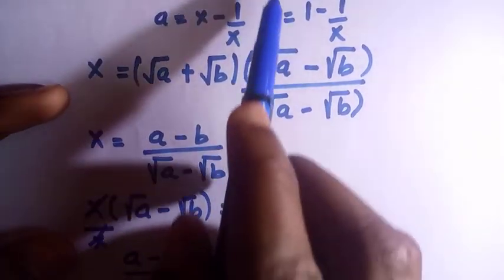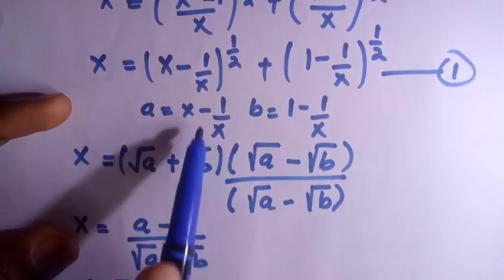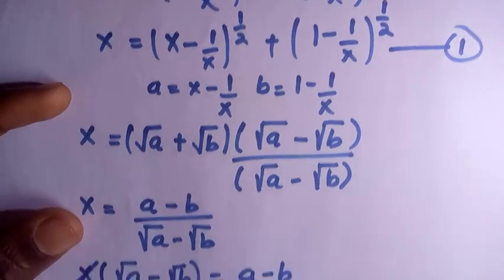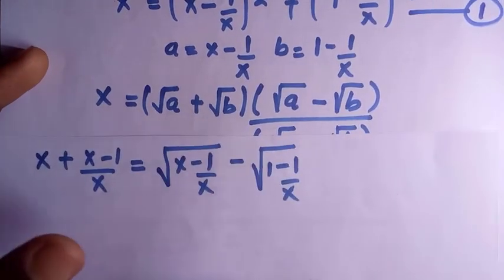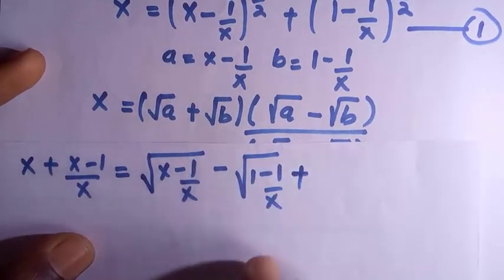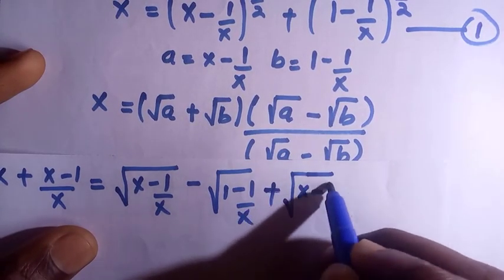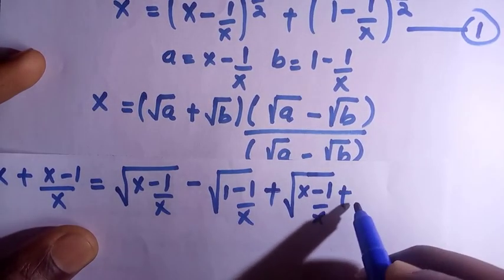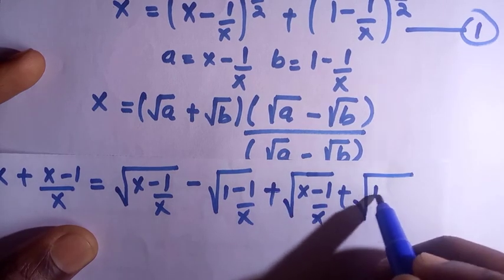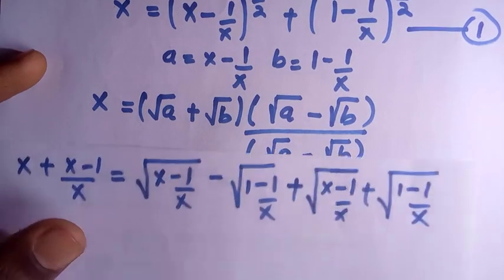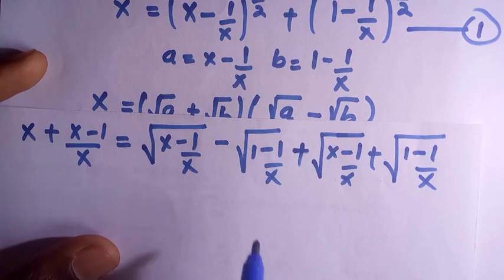So this is the right hand side of the first equation. And don't forget that this half is still root. So by trying to apply that, it becomes plus root of x minus 1 over x plus the root of 1 minus 1 divided by x. So then something has already been cancelled here.